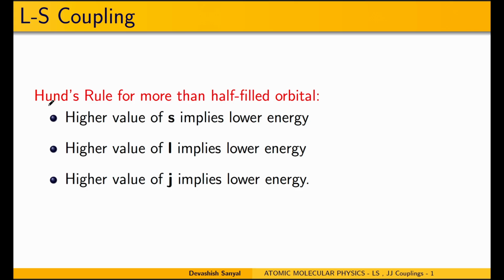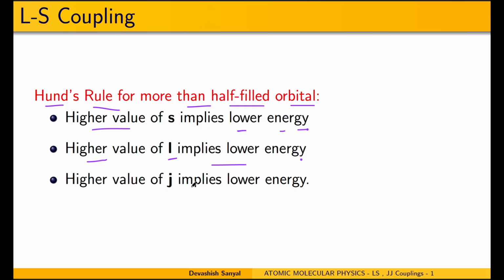Then we have the Hund's rule for more than half filled orbital. What is the rule? Higher value of S implies lower energy, same as before. Then higher value of L, that is orbital angular momentum, implies lower energy.